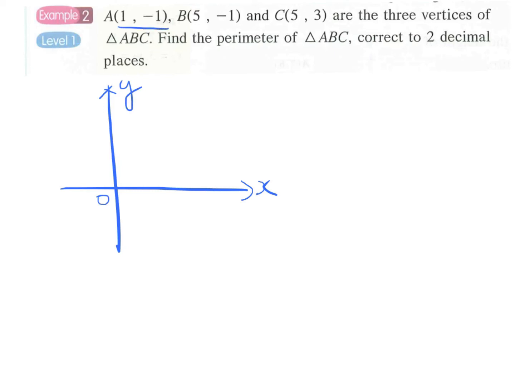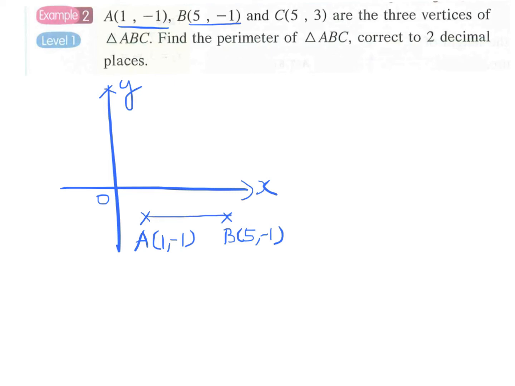So point A is (1, -1), point B is (5, -1). So these 2 points have the same y coordinates. That is, they should be on the same horizontal line. So point A will be maybe somewhere like this, (1, -1). And then point B, we have (5, -1). They should be on the same horizontal line.